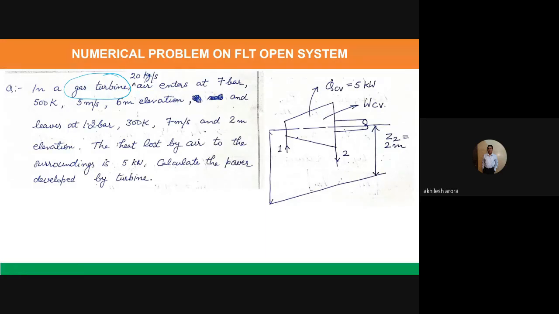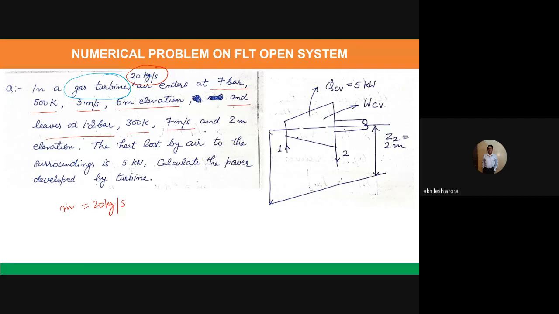So the mass flow rate of the air is equal to 20 kg per second. It enters at 7 bar, this is the pressure, 500 Kelvin, this is the temperature, 5 meter per second, this is the velocity, and 6 meter elevation, that means the height of the turbine at the entry, and leaves at 1.2 bar, this is the pressure at exit, 300 Kelvin, this is the temperature at exit, this is the velocity at exit, and this is the elevation at the exit.